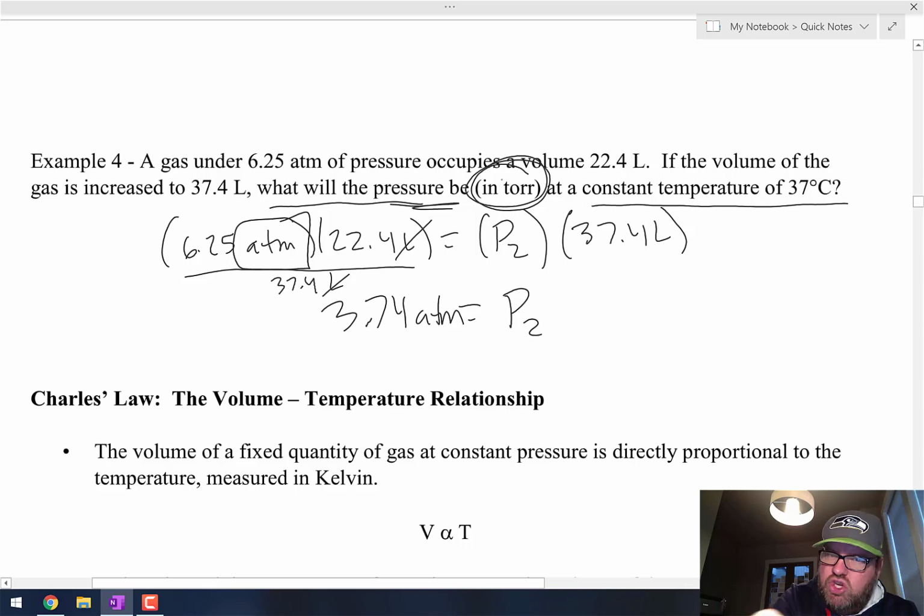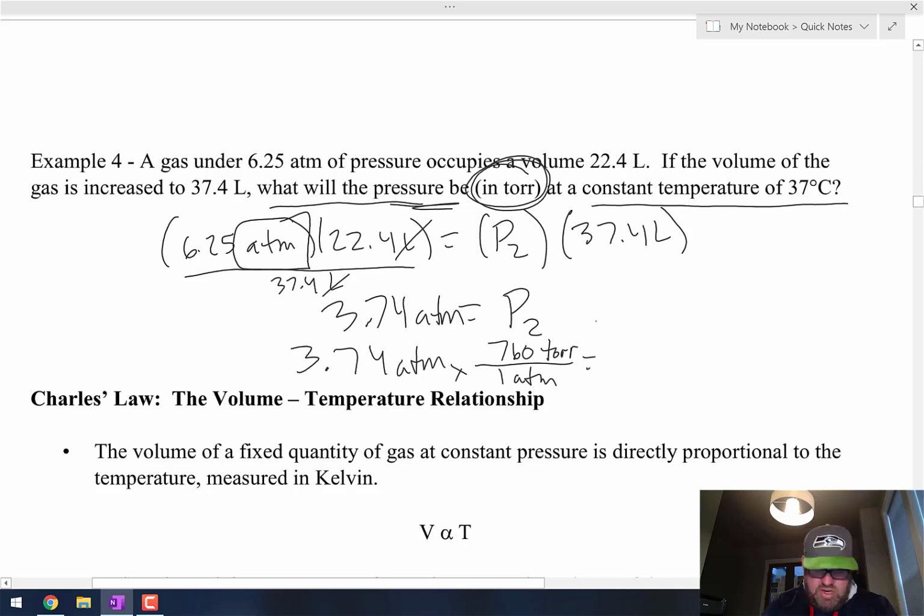So we do need to check and make sure our units are correct. And in this case, they are not. So what do we have to do? 1 atmosphere equals 760 torr. So we take 3.74 and multiply by 760 and we get 2,800.